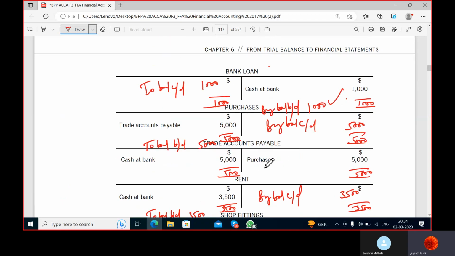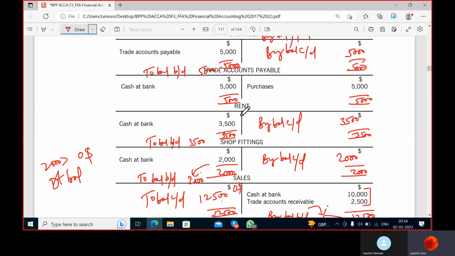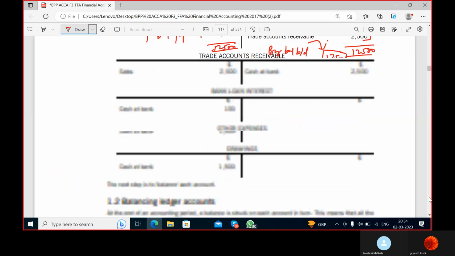Accounts payable, we will not write this because it got tallied, so no need. Rent, debit balance. Why? Because brought down is in the debit, so debit balance. And shop fittings also debit balance because the debit is more than credit. So debit side 2000. So both rent and shop fittings we'll write in debit.